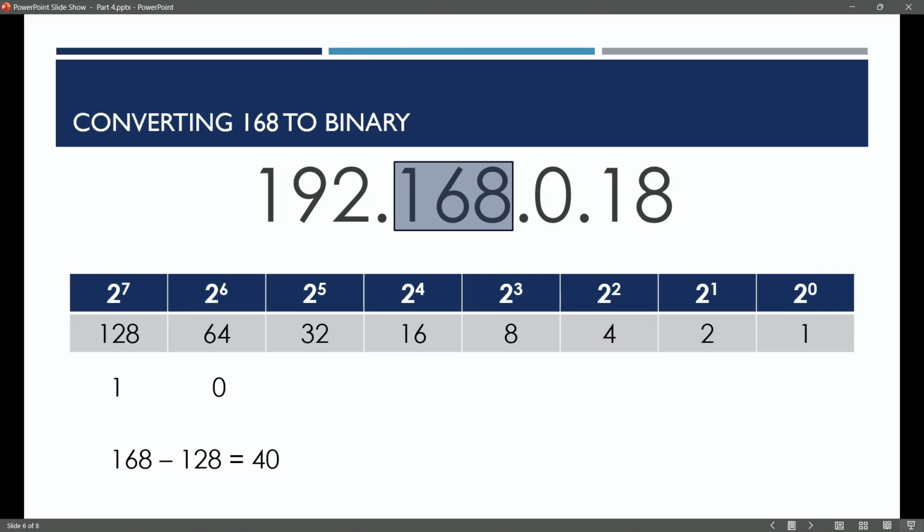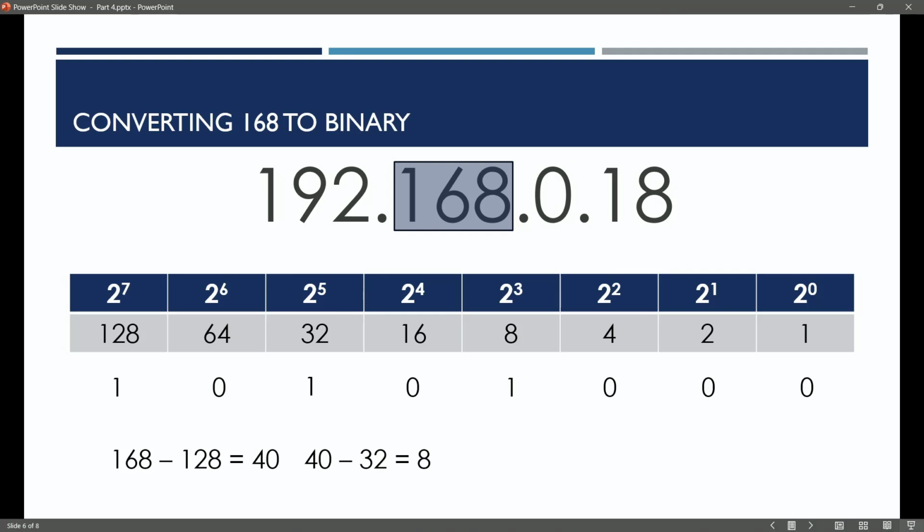And can we subtract 32 from 40? We sure can, and we are left with a remainder of 8. So now I can look and say, okay, it's going to be 0 under the 16 value and a 1 under the 8 value, and we are done. So there you have it. 168 converted to binary is 10101000. It's so incredibly easy.